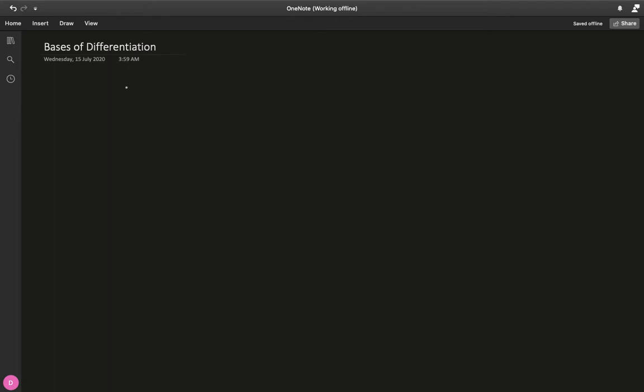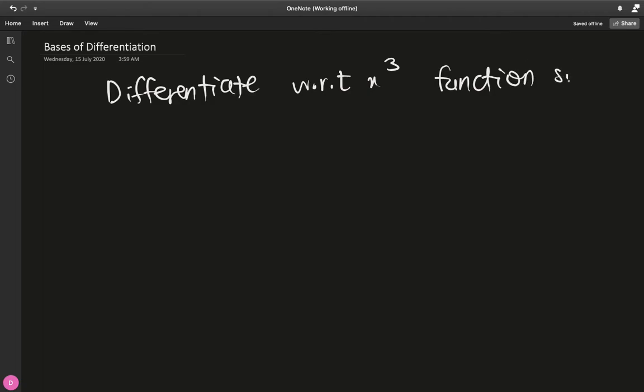Okay, so now in the later half, we're going to be introduced to a slightly different idea. Now they're telling us to differentiate with respect to x cubed the function sine of x squared. And you may say this is utter nonsense.